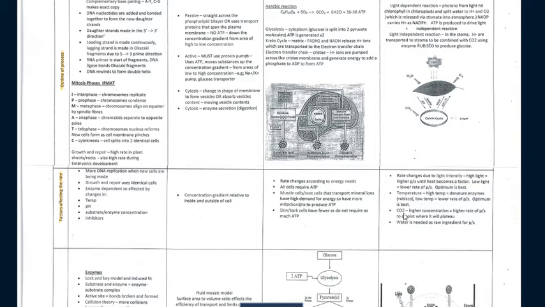Carbon dioxide is another important feature. Okay, higher concentration of carbon dioxide means a higher rate of photosynthesis. Now this is only up until a certain point where it reaches a plateau, or a level where it levels off. Water is needed as the raw ingredient for photosynthesis.